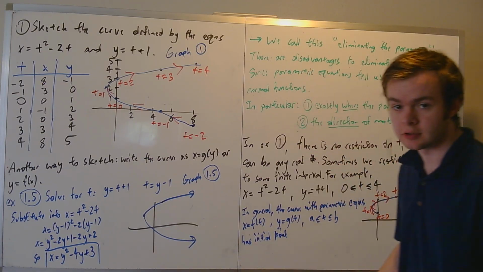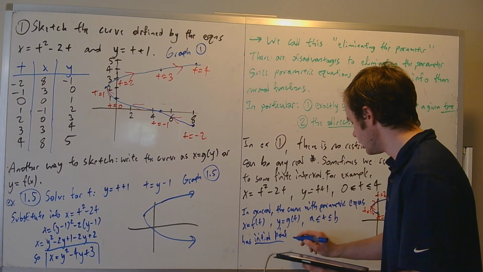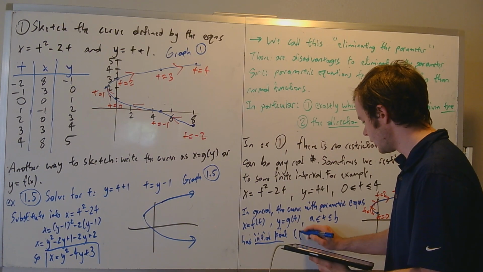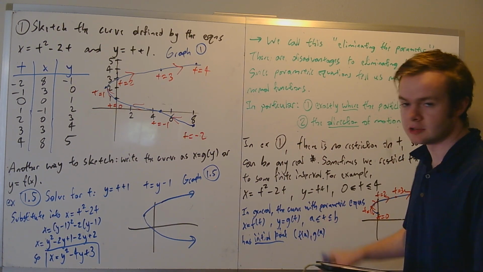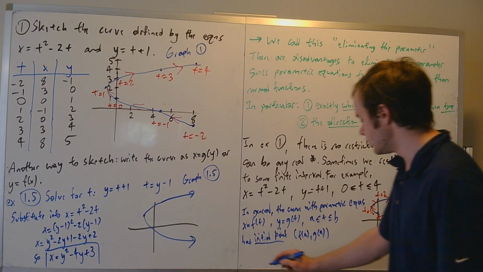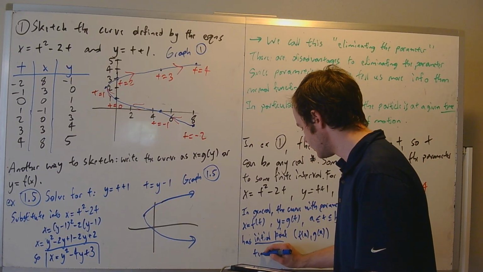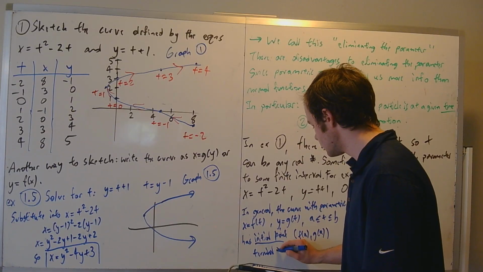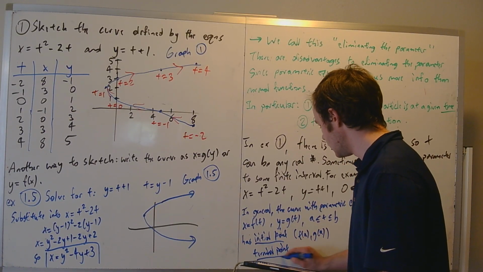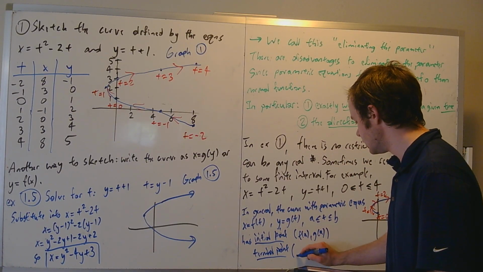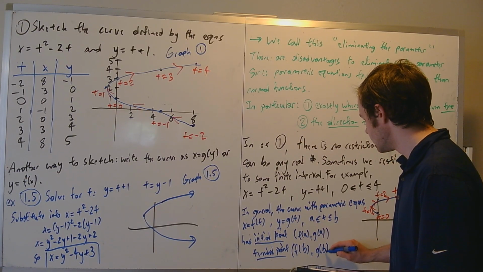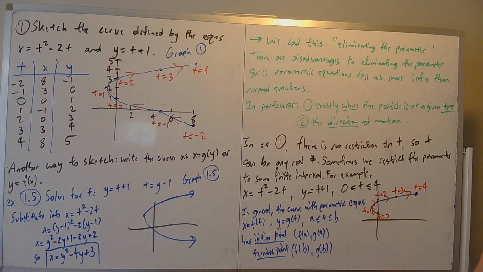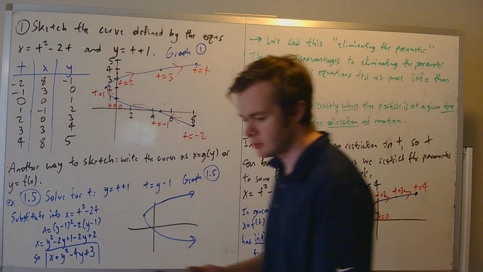Well, you can kind of guess where the initial point would be. The initial point would be f of a comma g of a, right? Because you just plug in when t is equal to a. And the terminal point, again, you can kind of guess what that would be. Here it would be f of b comma g of b. Right. So we just have names for those. Those are the initial and terminal points. And let's go ahead and do another example.